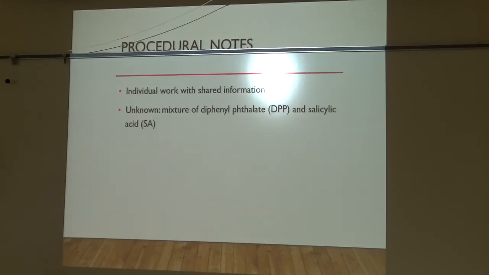You'll be given an assigned substance, either DPP, salicylic acid, or something like a 1-to-1 mixture or a 1-to-2 mixture, to perform as you learn this technique. Then you're also going to be assigned an unknown. That unknown is a mixture of DPP and salicylic acid. What you don't know is the percentage of each of those components in the mixture.